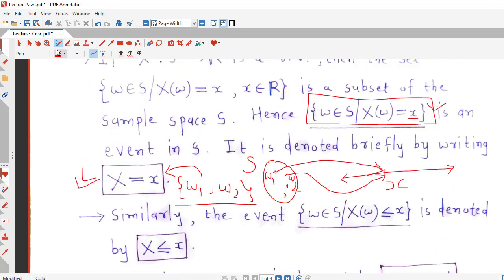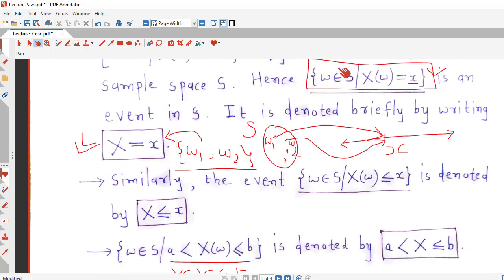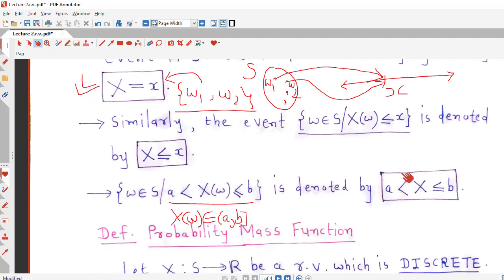Every time we will not write down these big sets, we will just write down this type of notation. So capital X equal to x represents this event, capital X less than or equal to x represents this event. Similarly, a less than X less than or equal to b is the set of those outcomes in the sample space whose image is in the open-close interval a to b.